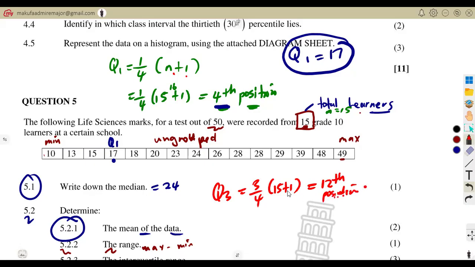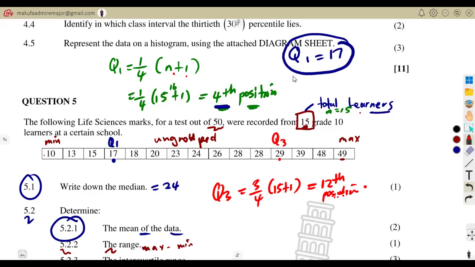What is the 12th value? You have to count. Okay, let's count properly. 1, 2, 3, 4, 5, 6, 7, 8, 9, 10, 11, 12, which is this one, at 29. That is where we have the upper quartile.